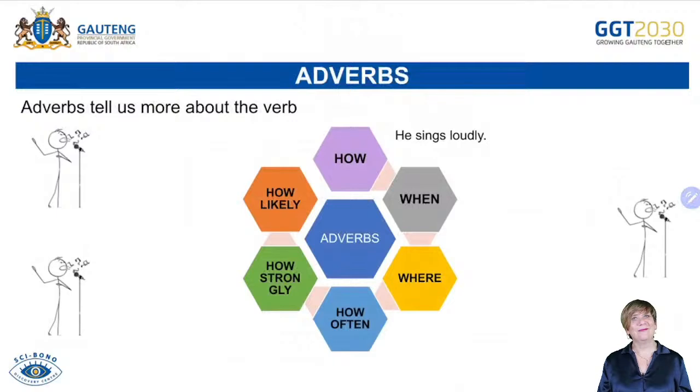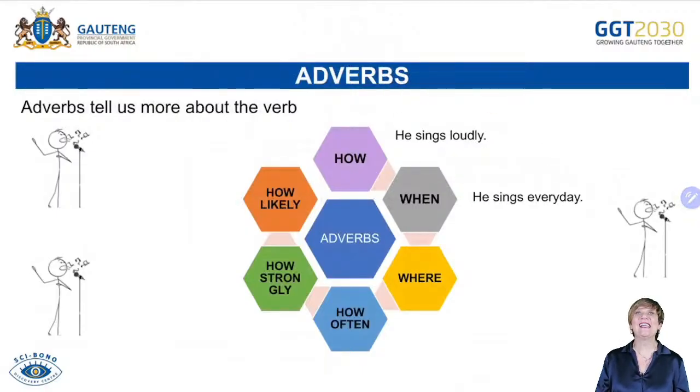So, as you can see, I've got all these little people singing. So let's see how we can look at adverbs using one example. Right. He sings loudly. So loudly describes the way he's singing. The next one is the when.